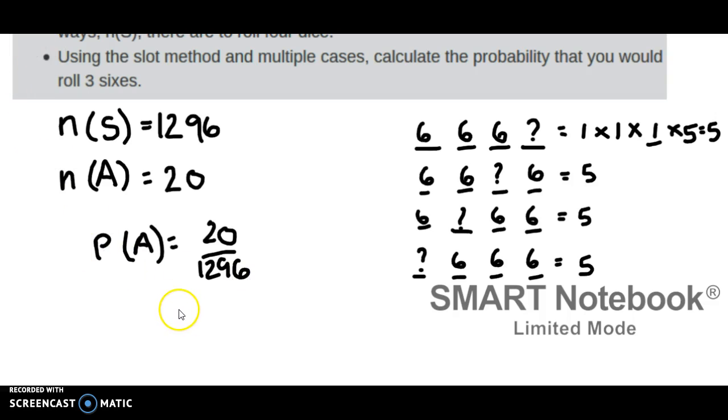When we change that into a decimal, it works out to about 0.015432. So we get a lot of decimal places in there. But if I change that into a percent, that's about a 1.5% chance of that happening, which is probably what you feel. The chance of getting 3 sixes when you roll a die 4 times is probably not very likely, but there we have it.